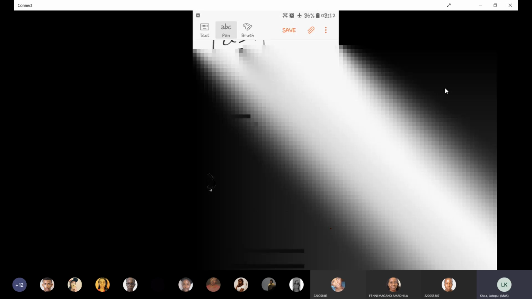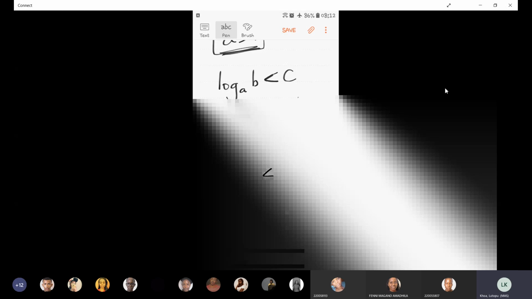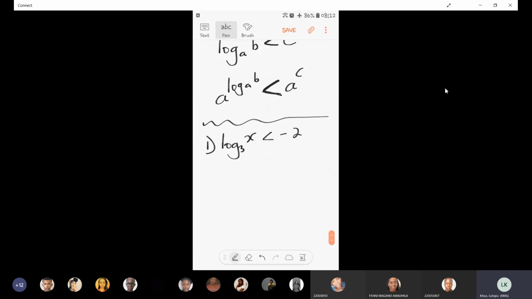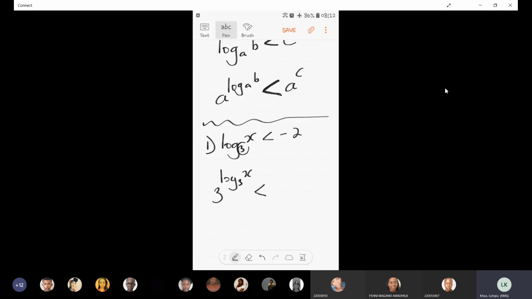So if we look at the first one, we have log base 3 of x less than minus 2. So what I will do is I will say 3 to the power of the left hand side is less than, the sign does not change. Why? Because my base is greater than 1. And then I have 3 to the power of the other side.